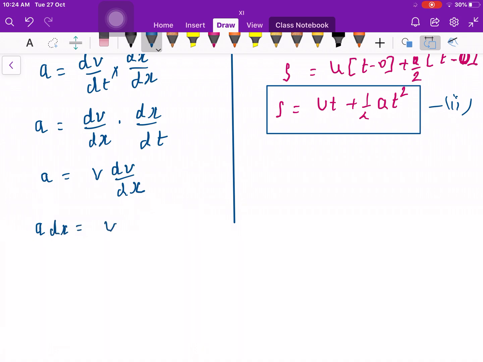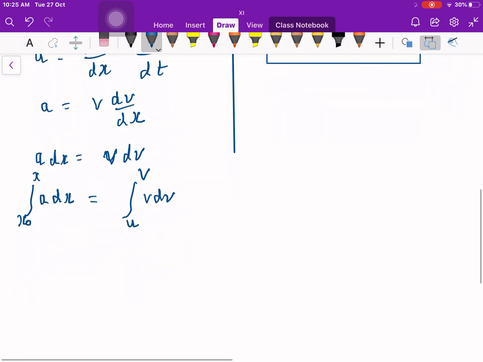Now if I rearrange it again, it will be a dx is equal to v dv. Now we are going to integrate it. Integrate a dx from x equal to 0 to x, that is, from initial position to final position. Here the integration of v dv is from initial velocity to final velocity.